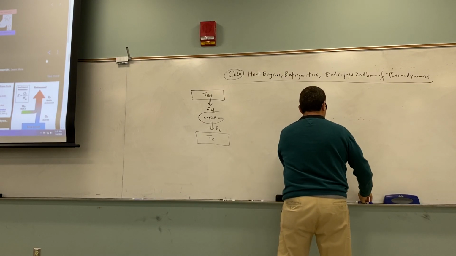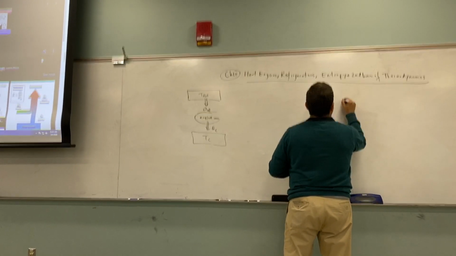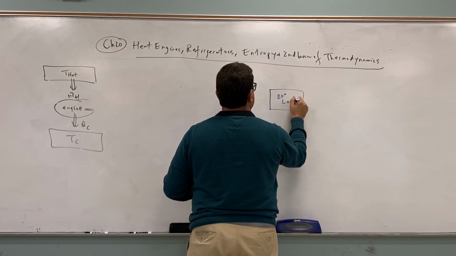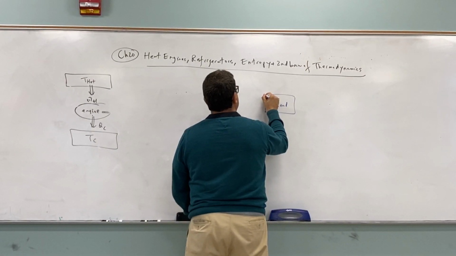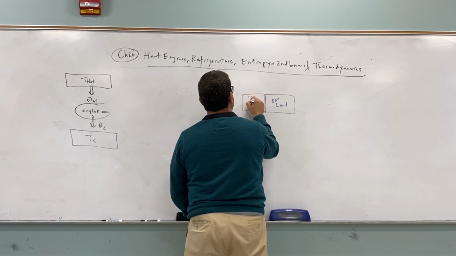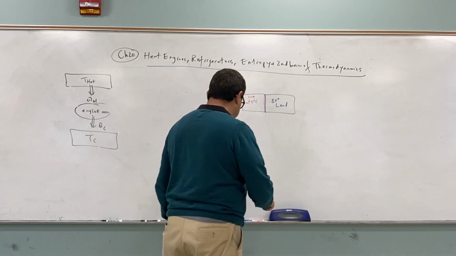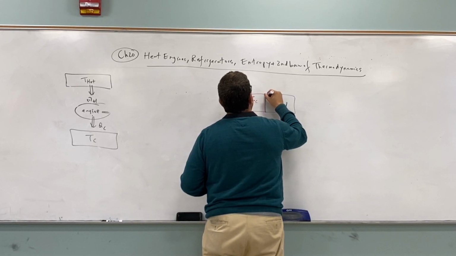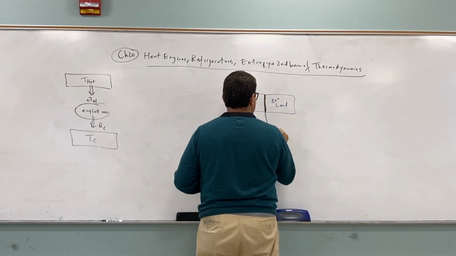So imagine the lead example again. 80 degrees lead, and let's say ice at 0. So now if I reverse the process, imagine putting some machine in the middle, and then connecting it to electricity.